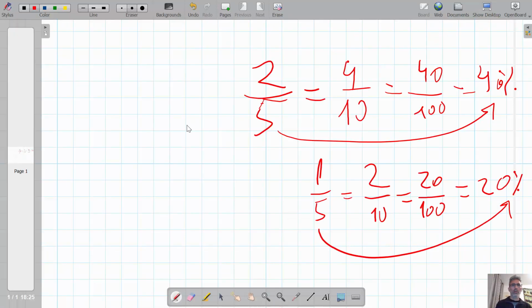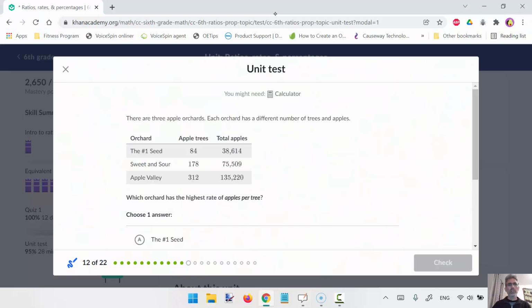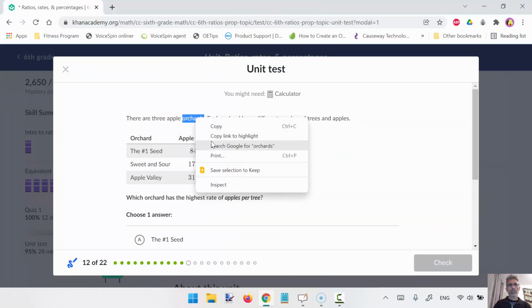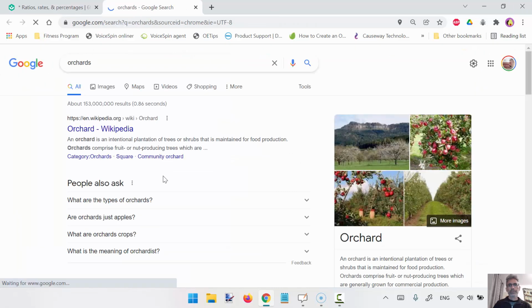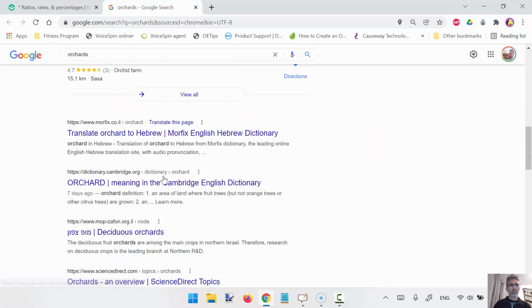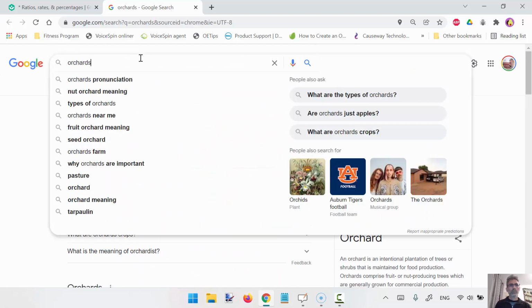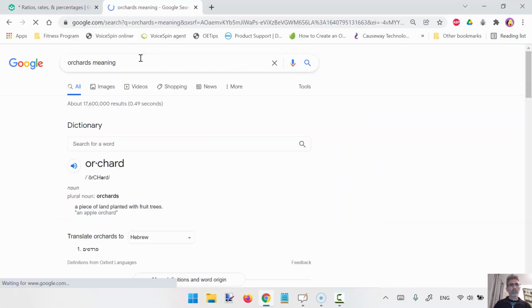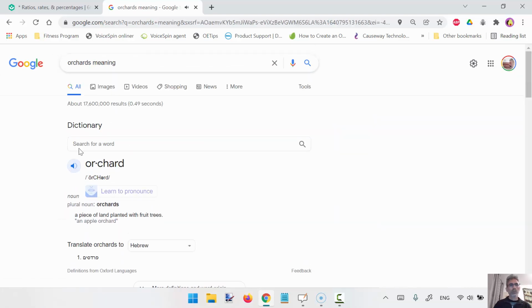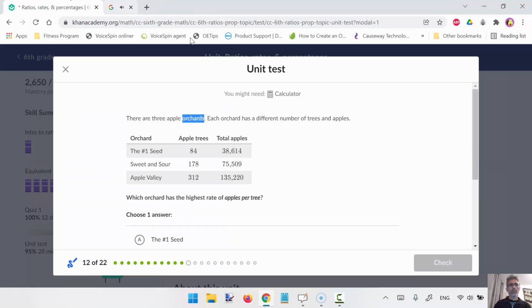Okay, there are 3 apple orchards. Each orchard has a different number of trees and apples.